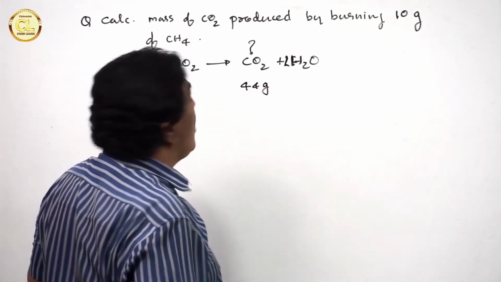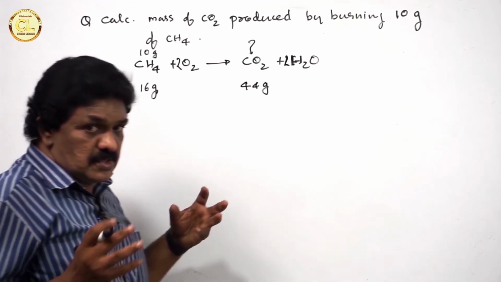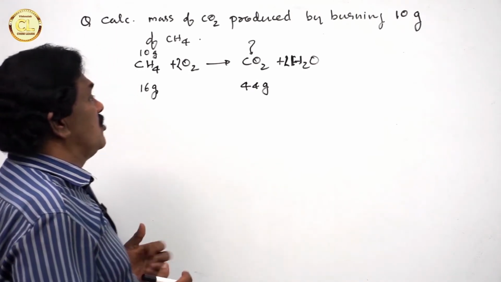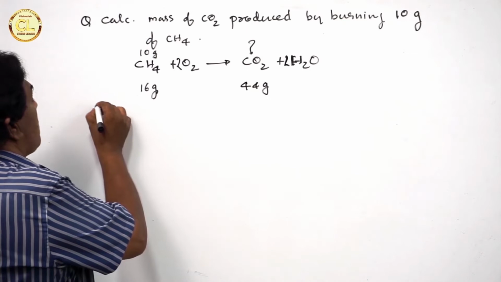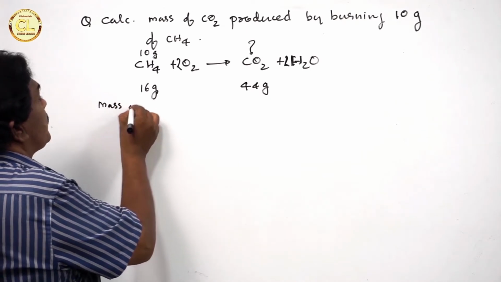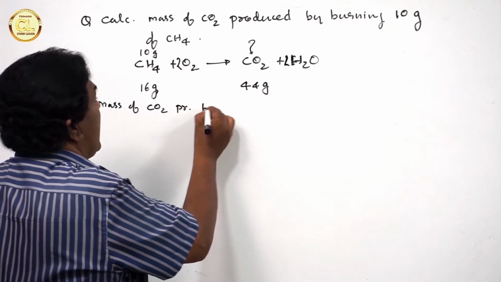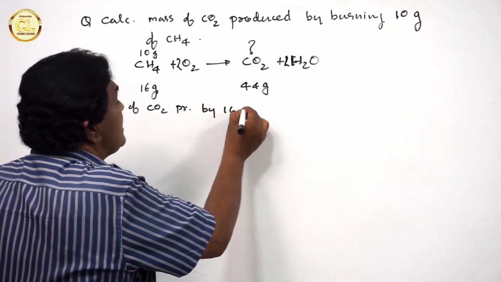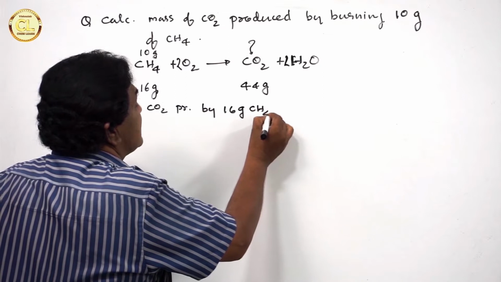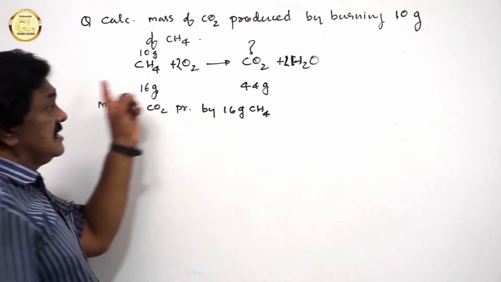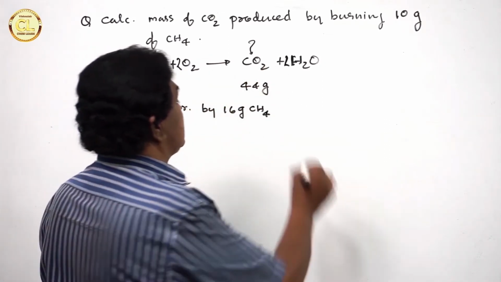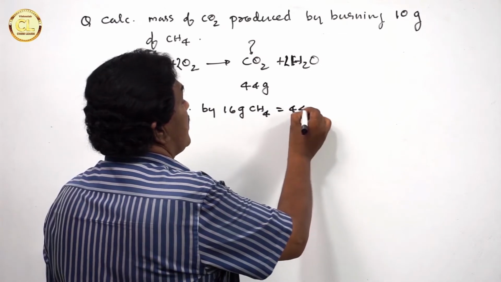Now, we can give the steps for doing this problem. See, the mass of carbon dioxide produced by 16 gram of methane, according to the equation, is equal to 44 grams.